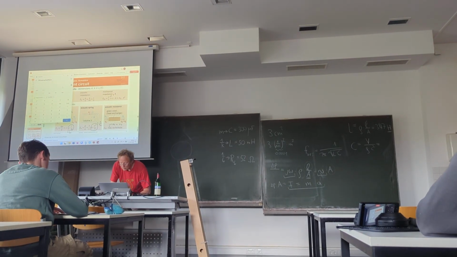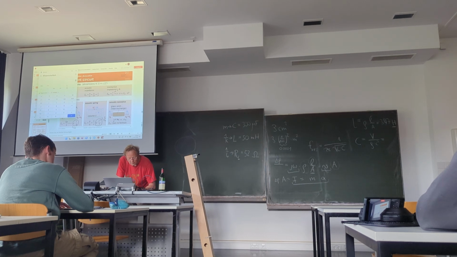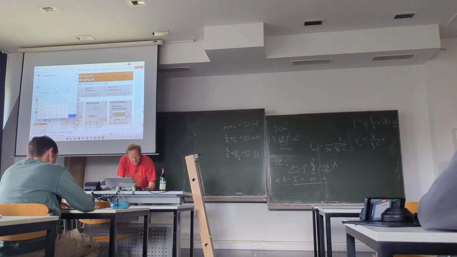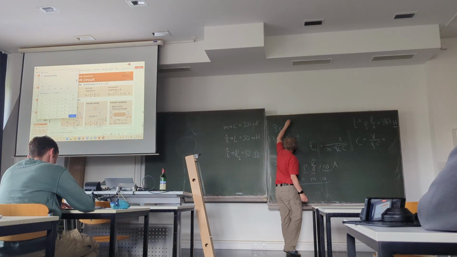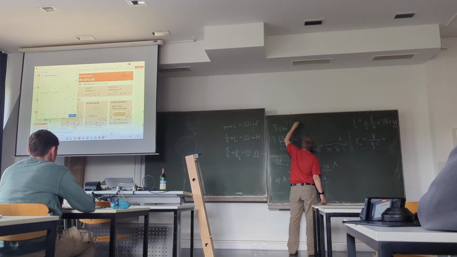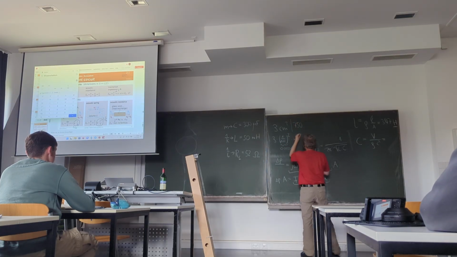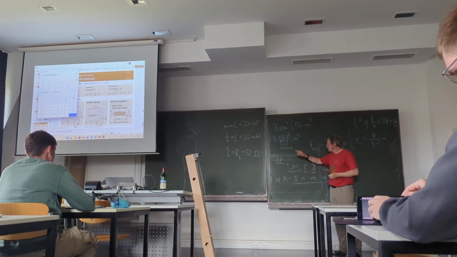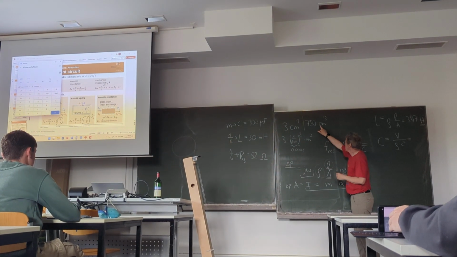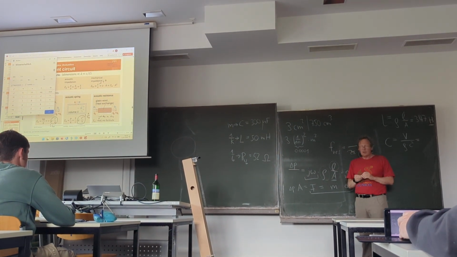Okay, so we need the volume, and that was 750 cubic centimeters. Again, the question is, what is that in cubic meters? Okay, centi is 1/100, but now we have it to the third.